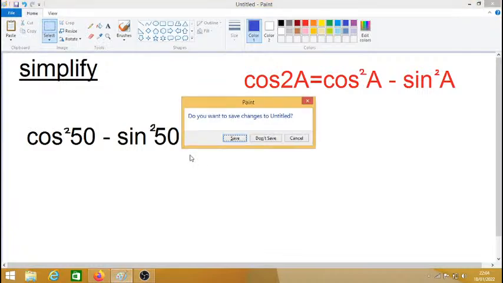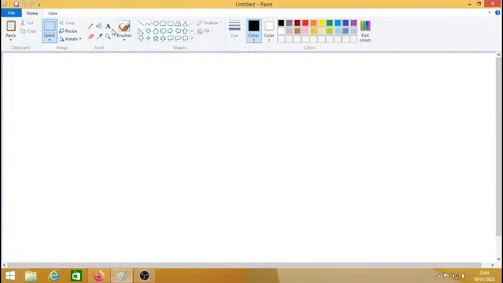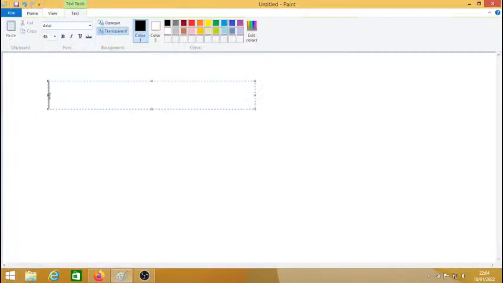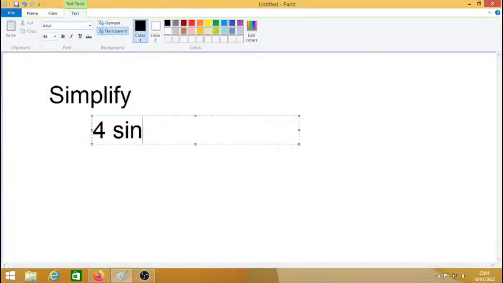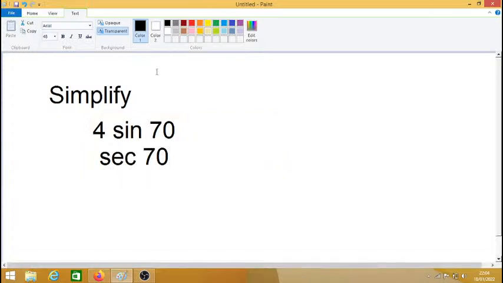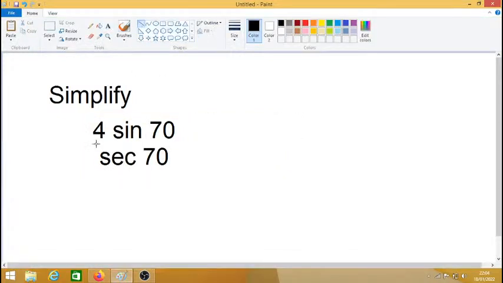Okay, let's move on to another example where you really have to think. The question is to simplify 4 sine 70 over sec 70. As soon as you see a sec or a cosec, you've got to be thinking, what does it really mean?